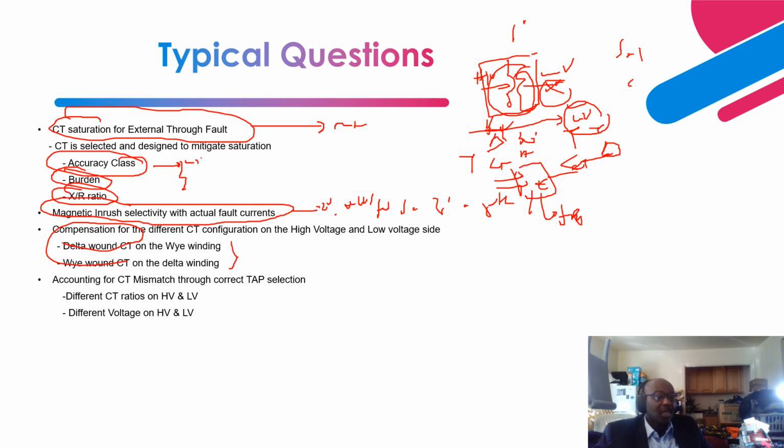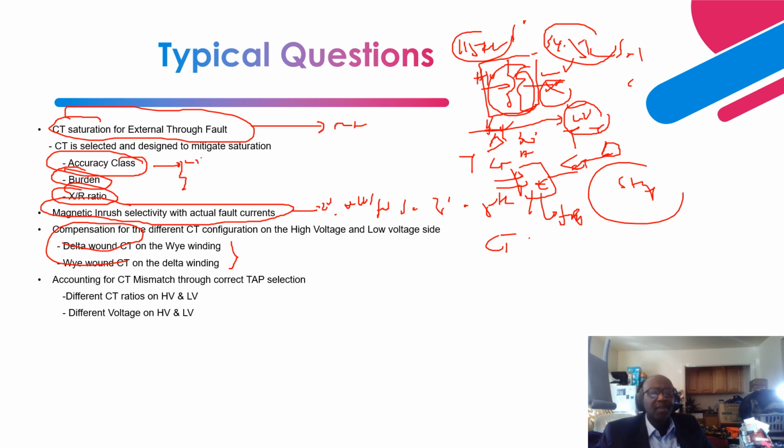Next is accounting for the CT mismatch, and you do that through something called tap selection. Because the transformer has different voltages, say 115 kV over here and 34.5 kV over here, you have different CT ratios.